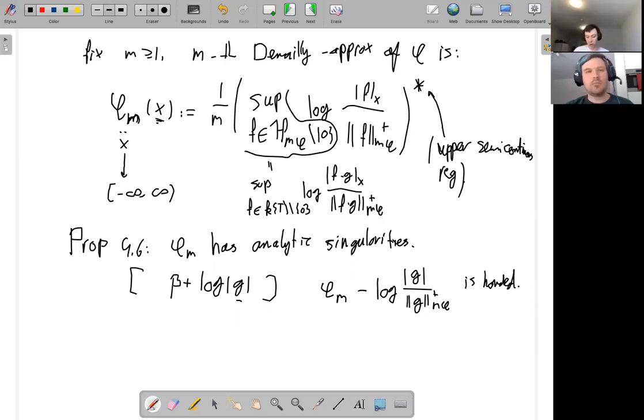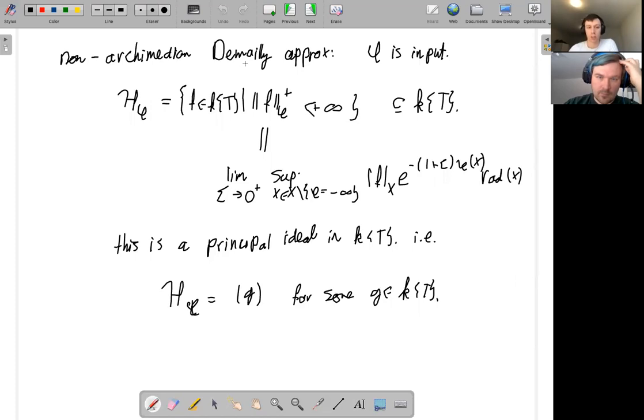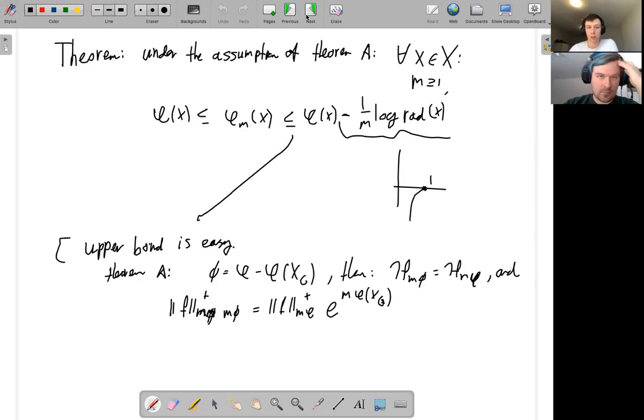Right, you can rewrite it like that because G is the generator. And if you think a little bit about this, then somehow you see that this is bounded. I don't remember the details, but. Okay, that's it essentially. So the conclusion is this Demailly approximation.